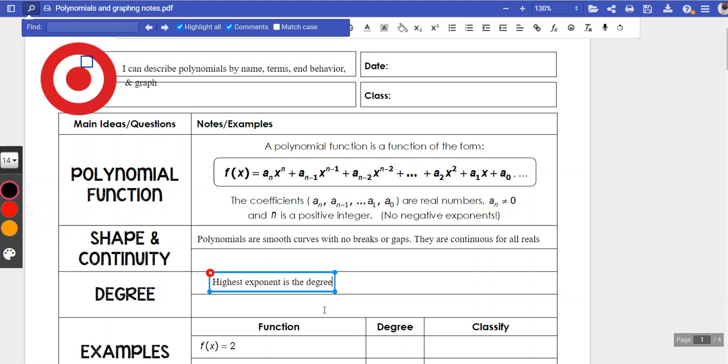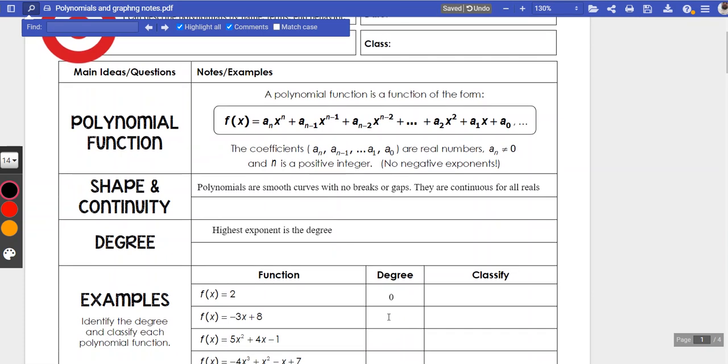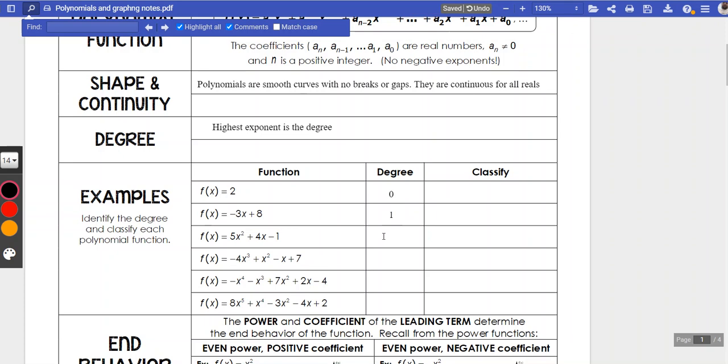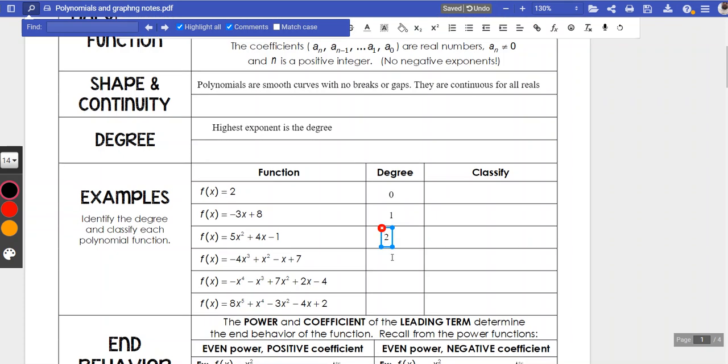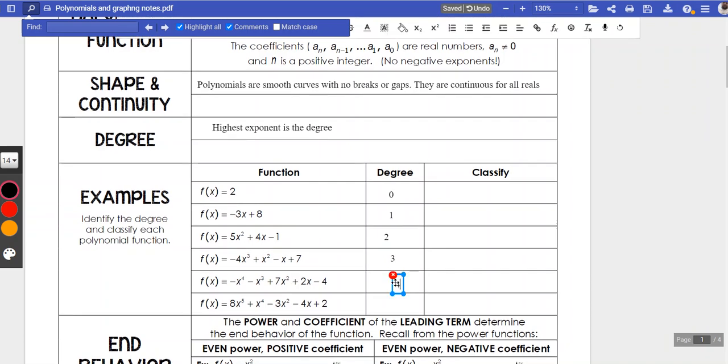All right. So like this guy right here, this is actually a degree of 0. This one is a degree of 1. This guy right here, there's a 2 there, so that's a degree of 2. This is the highest degree is 3. This one, the highest degree is 4, and this one, highest degree is 5.